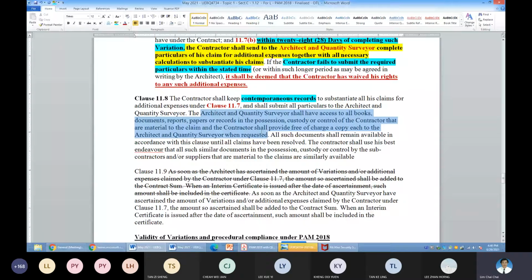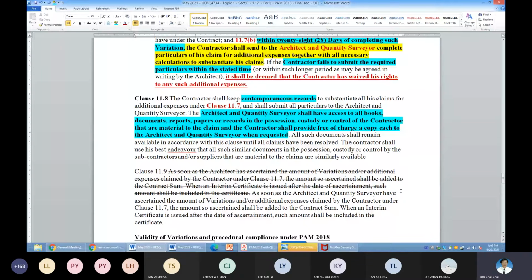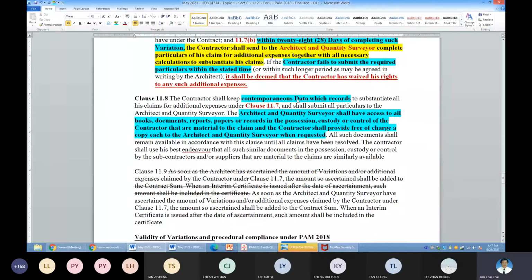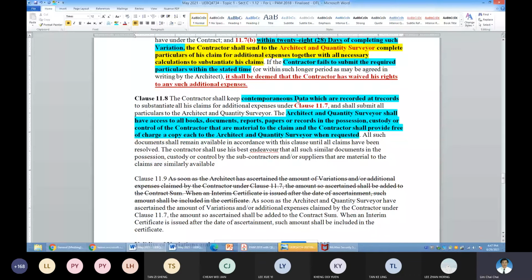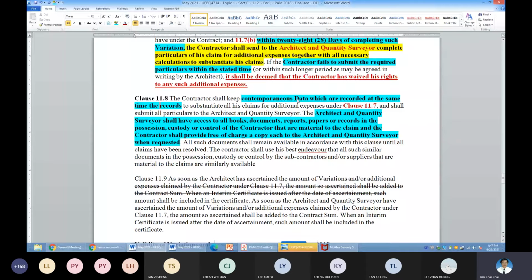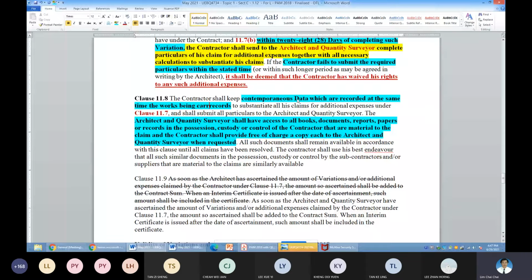Contemporaneous record means data which are at the same time the works. So I hope you understand this important point. It means data which are recorded at the same time when the works are carried out. What does that mean? To some of you may not be clear.